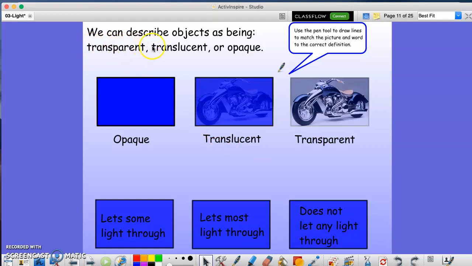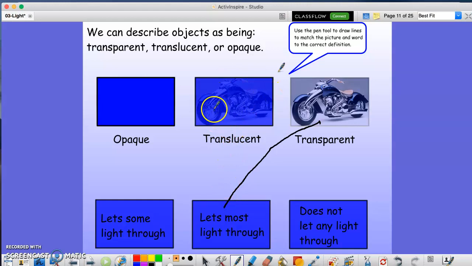We can describe objects as being transparent, translucent, or opaque. It says use the pen tool to draw lines to match the picture in Word to the correct definition. So transparent, remember, is when most of the light gets through.